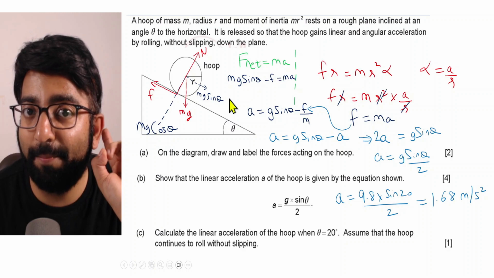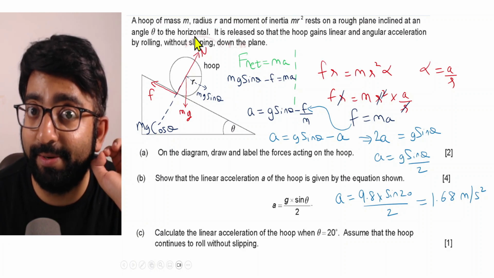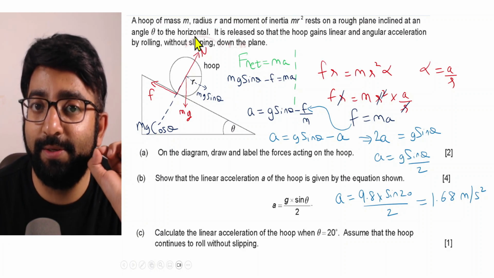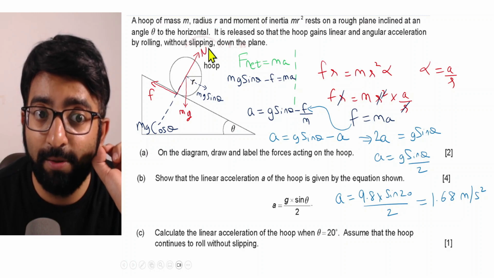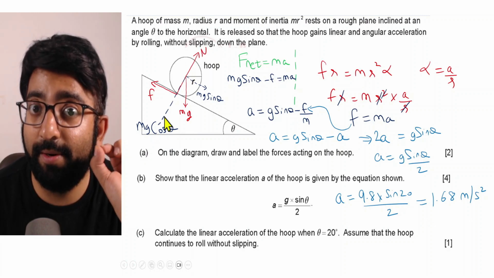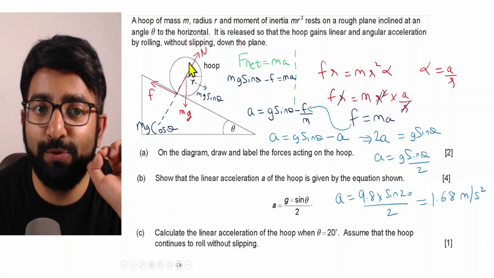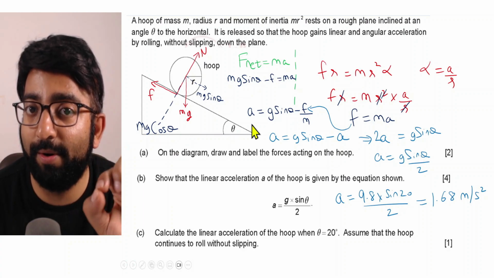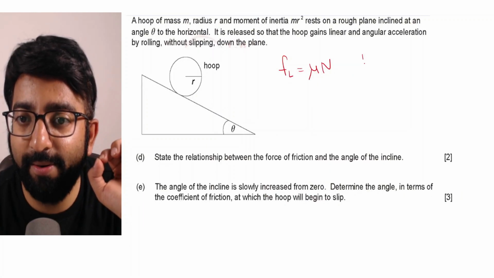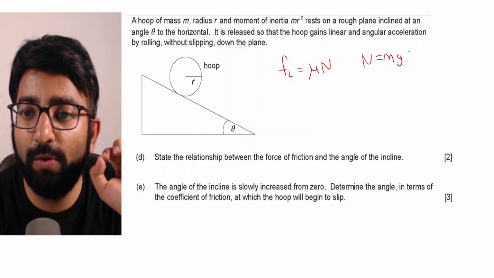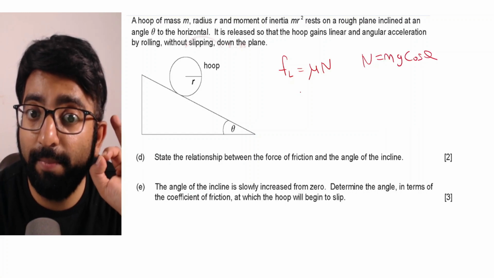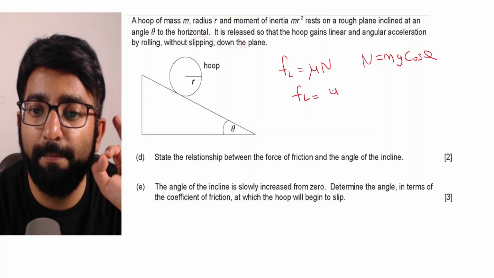And remember that step where we balance forces in a direction which is perpendicular to acceleration. According to that step, the normal reaction and mg cos theta have to balance each other. So N and mg cos theta are equal. So over here, let me write N is equal to mg cos theta and the limiting friction will be equal to mu times mg cos theta.